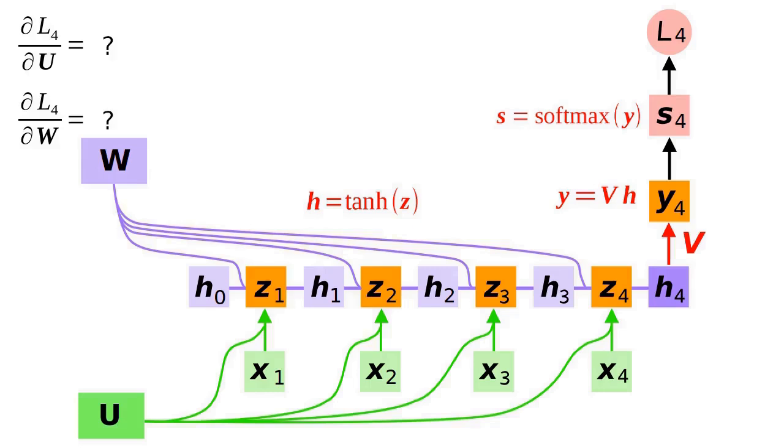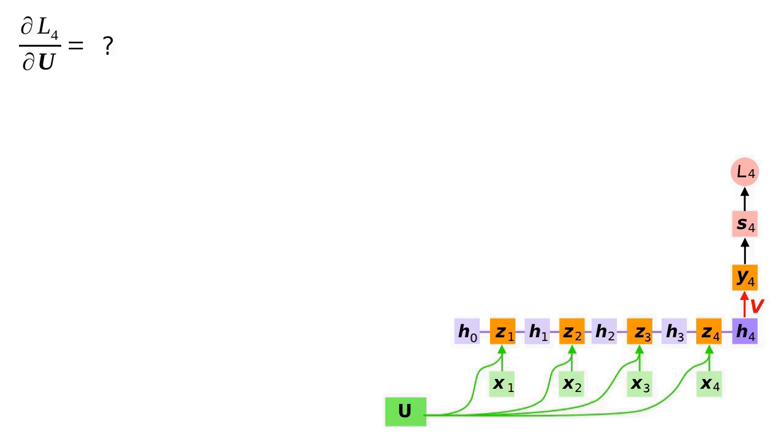using formulas 1 through 12 to calculate the derivatives of L with respect to U and W is straightforward. The diagram illustrates that you can influence L through 4 pathways.